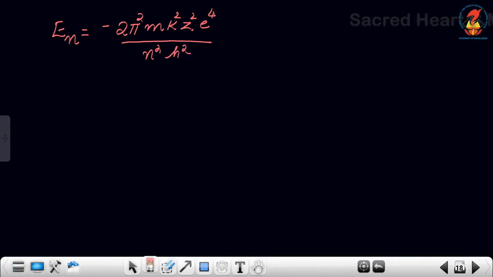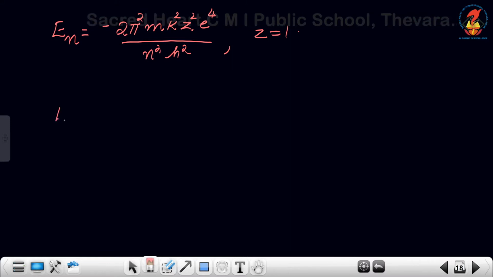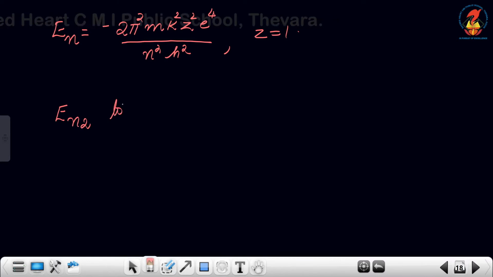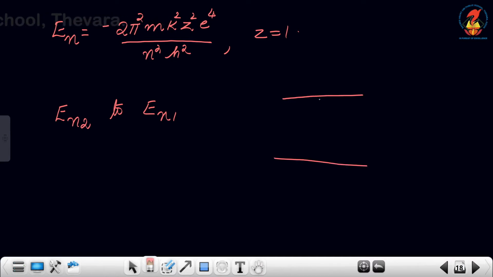Now in the case of hydrogen atom we know the value of z is 1, and also imagine an electron making its transition from energy level En2 to level En1. So from a higher level, it is coming back to the lower level, En2 to En1.